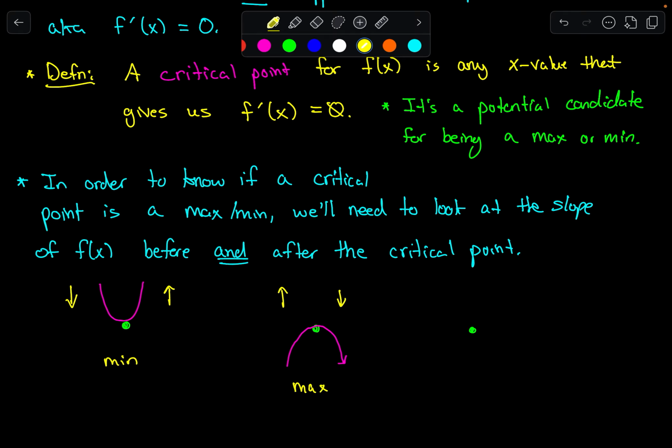Case 3: if the slope is going down and going down, we leveled out and then resumed going down, in which case we get neither. Sometimes it's called a saddle point, but we'll just call it neither for this class.